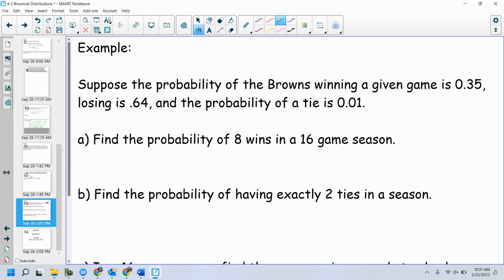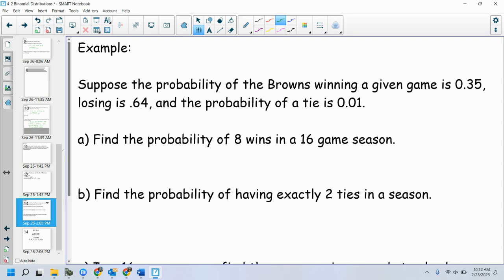Okay, well, that would be 16C8. Probability of a win is 0.35. Now, what is probability of failure? 0.65, right? Because a win is success, a fail is not win, right?